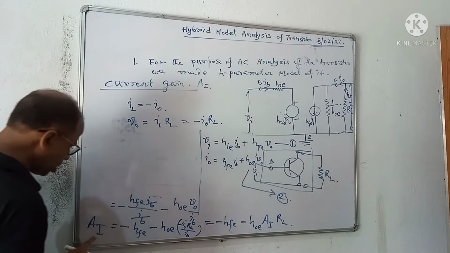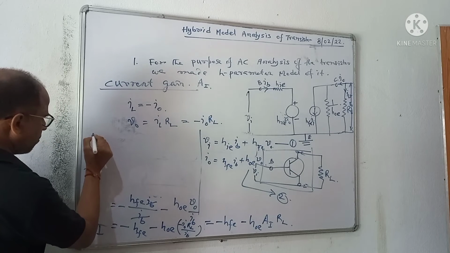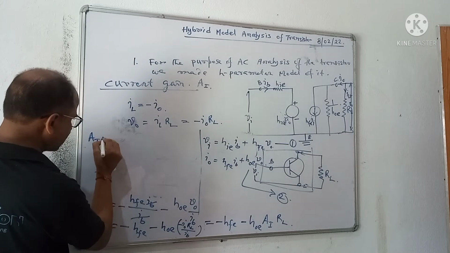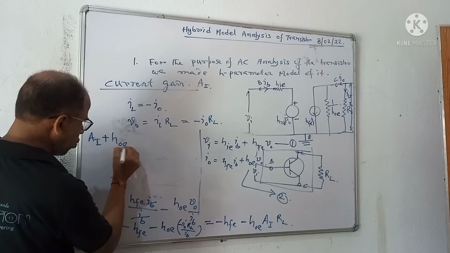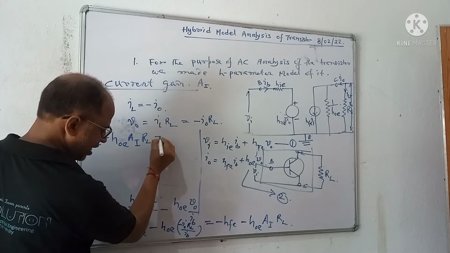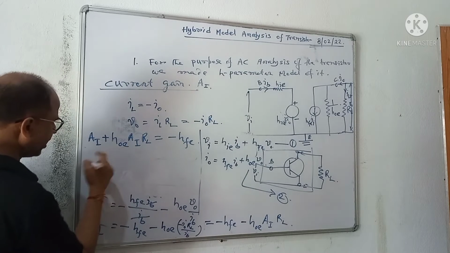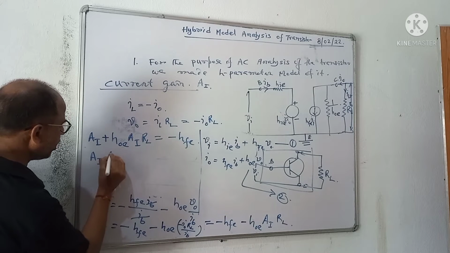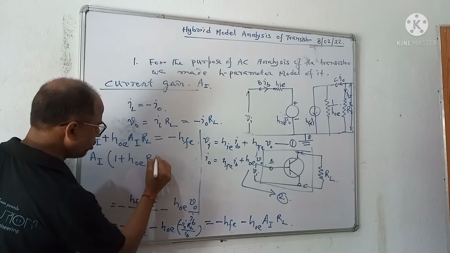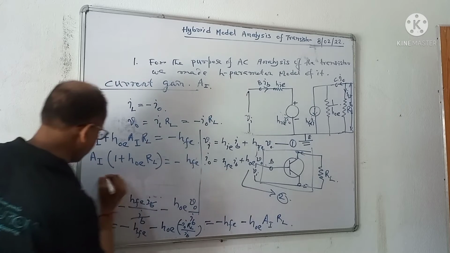Take the terms on one side. Therefore AI plus HOE into AI into RL equal to minus HFE. Take AI common: AI into 1 plus HOE into RL is equal to minus HFE.